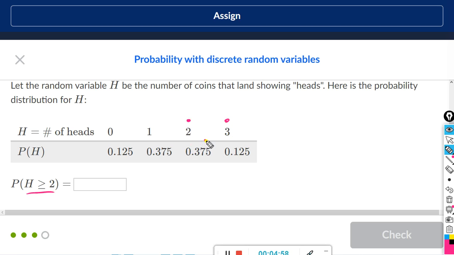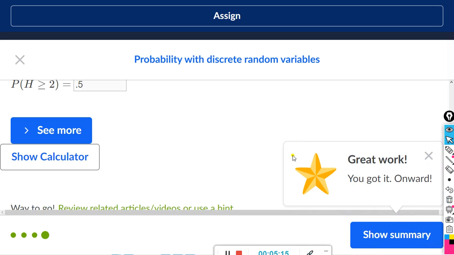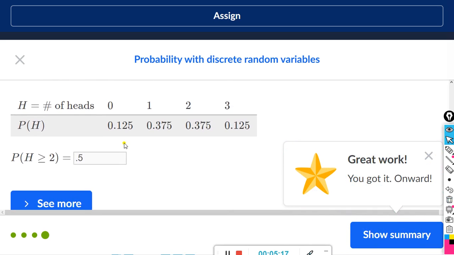All you have to do is add this plus this, and that is going to equal 0.5. So click inside the box and just type 0.5. The alternative would be to subtract these two from 1, and you'll get the same thing.